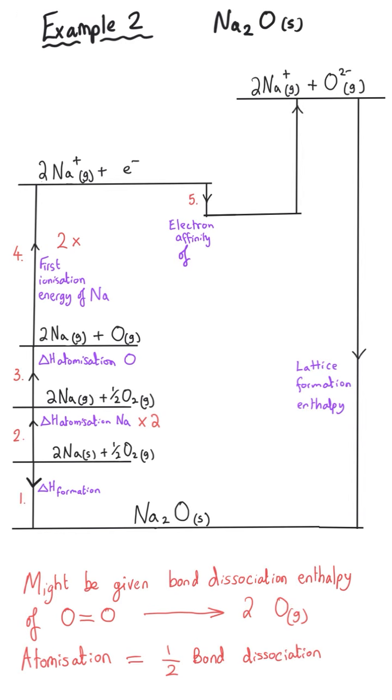As a result, we make 2 Na+ gas ions, and we produce 2 electrons, 1 from each of those sodium gas atoms that has been ionized. And so our oxygen is still a single gas atom, and we've now got our gaseous sodium ions. The oxygen needs to be gaining those electrons one after the other.